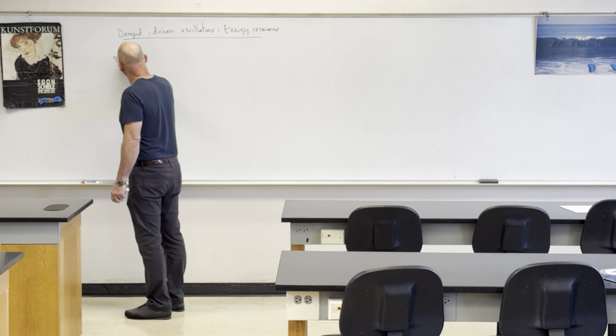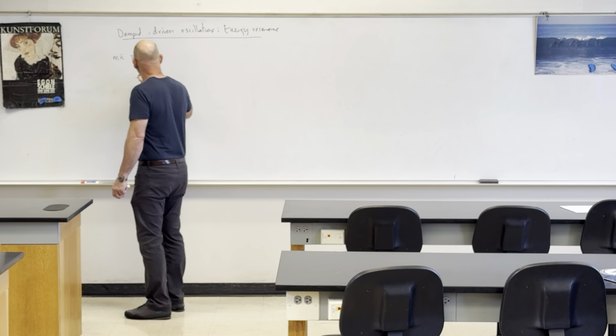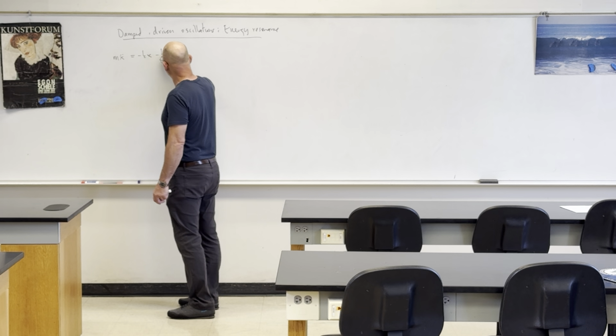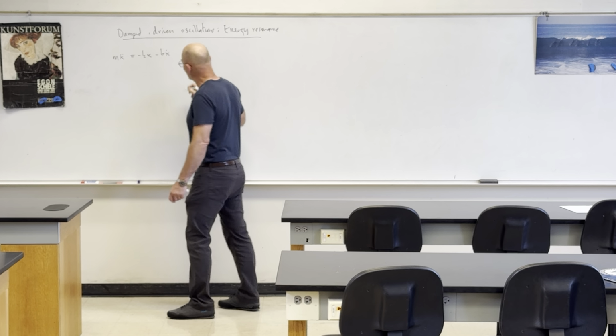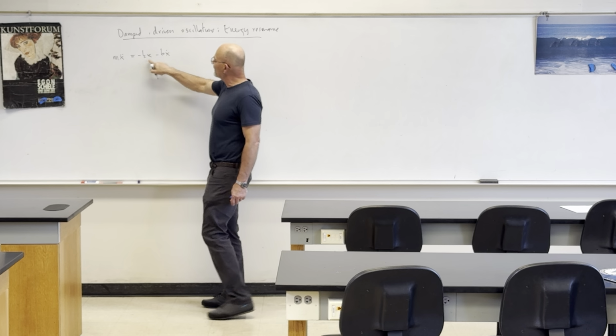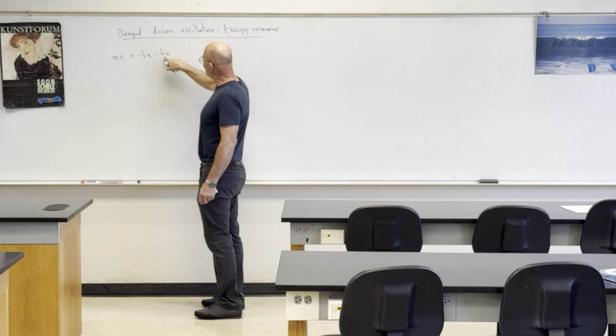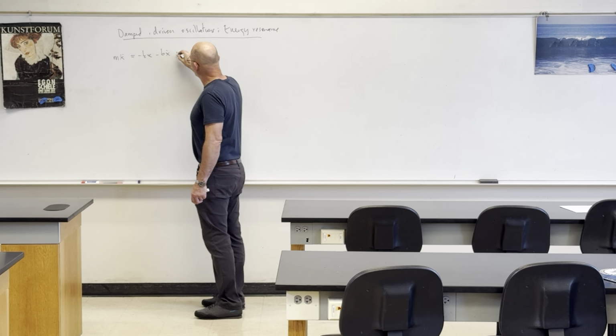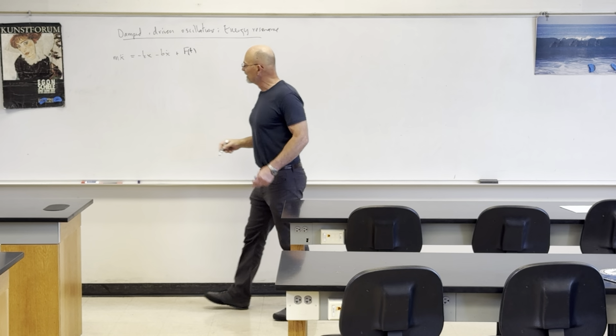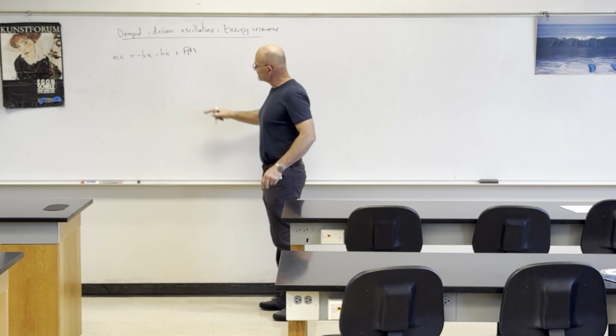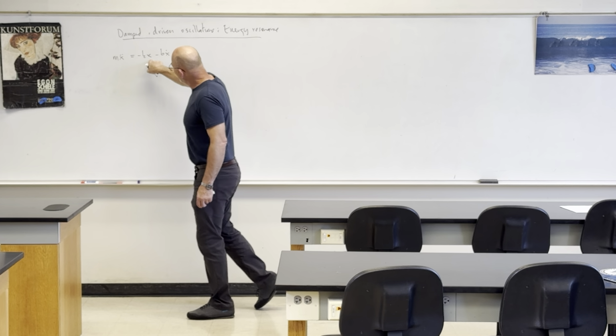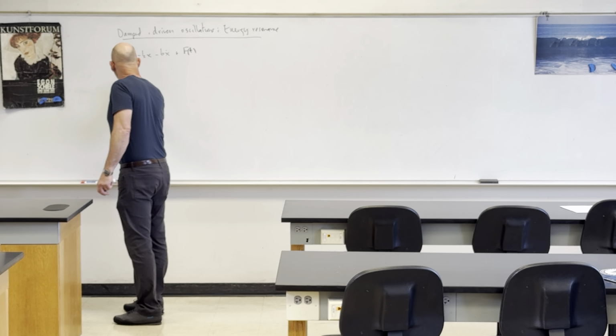So what we have is mass times acceleration equals minus kx minus bx dot. Okay. So those are all the forces acting on it. This was Hooke's law, this was the linear friction law, and then plus some f of t. Okay. That's actually where everything started. Then we did the following.